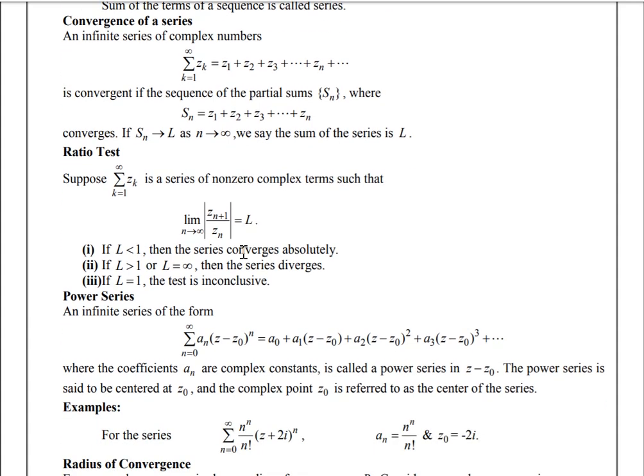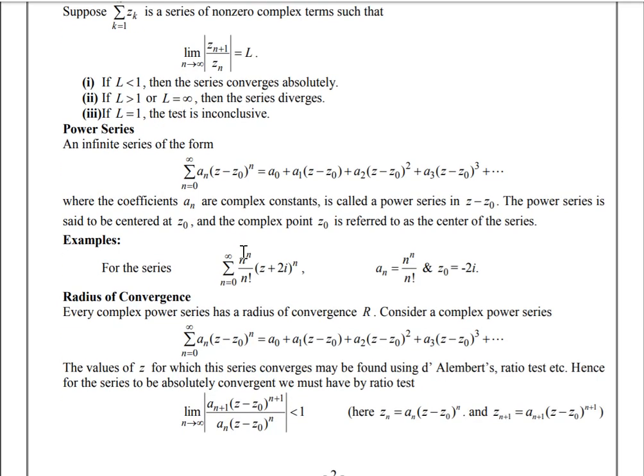Now consider the general power series. An infinite series of the form the sum of a n times z minus z naught to the power n, with n varying from 0 to infinity. For n equal to 0 we have a naught, for n equal to 1, a1 times z minus z naught to the power 1, a2 times z minus z naught squared, a3 times z minus z naught cubed, and so on, with coefficients an being complex numbers, is called a power series in powers of z minus z naught.